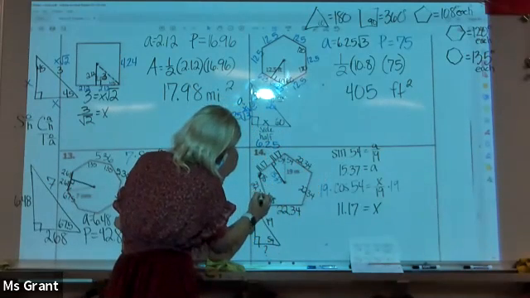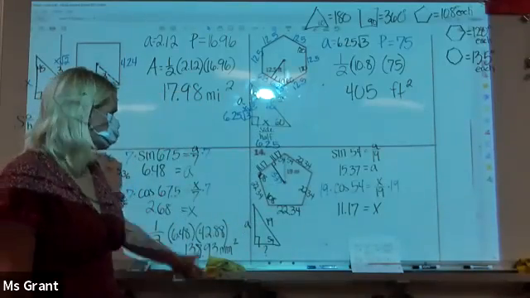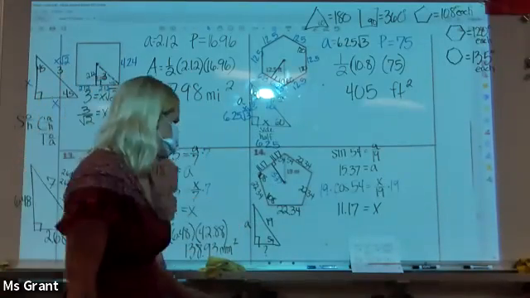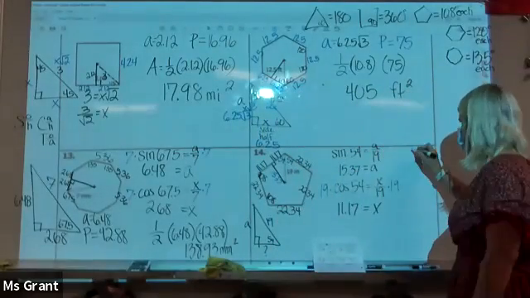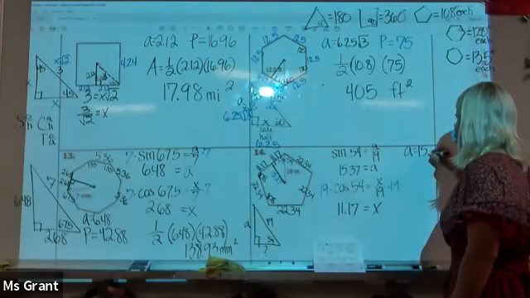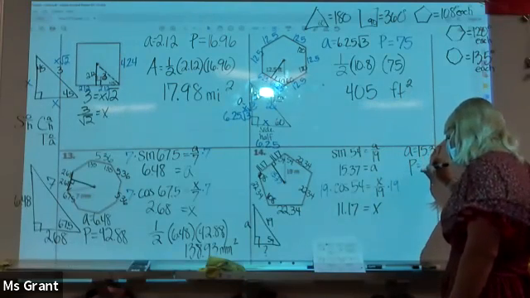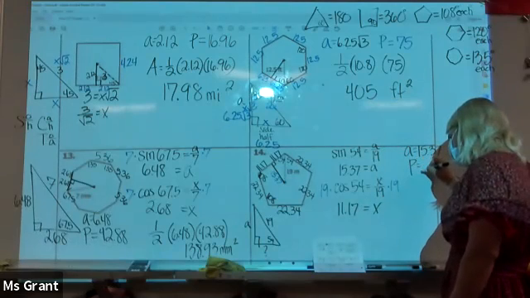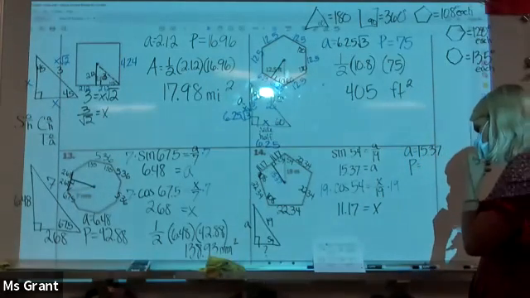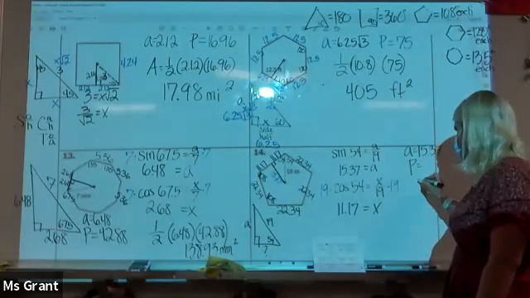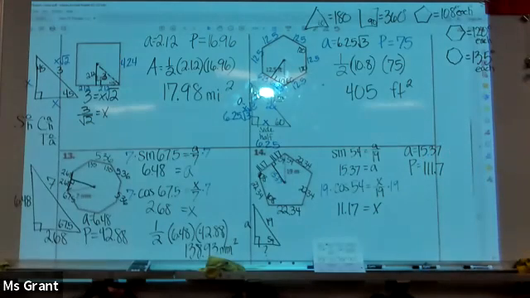So I add up all the sides to find the perimeter. My apothem is 15.37. My perimeter is 5 sides, 111.7. Did you guys all get that?